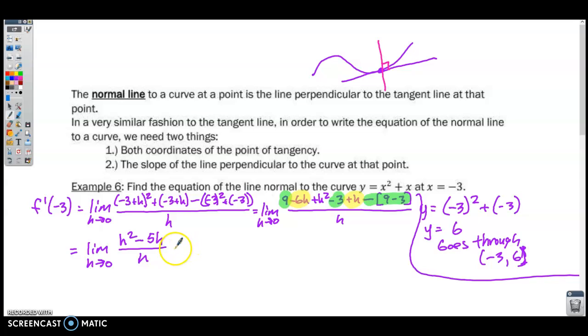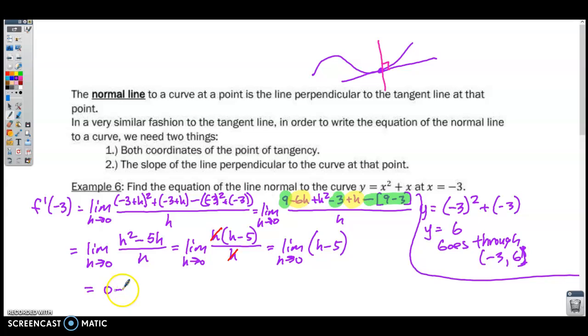Okay, so factoring, because this is going to be 0 over 0, factor out an h. H's cancel. And so this is now the limit as h goes to 0 of h minus 5, which is 0 minus 5, or negative 5. This is the slope of the tangent line.